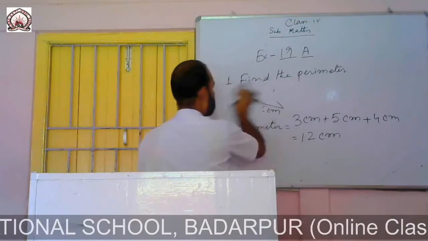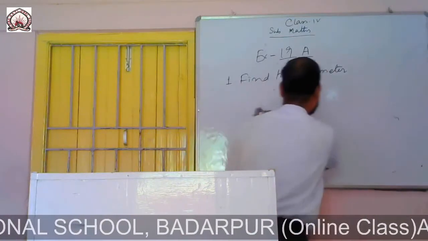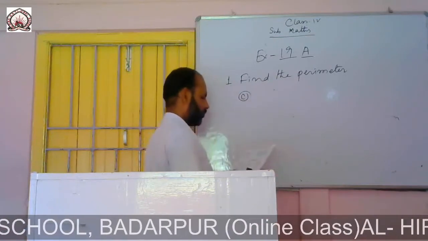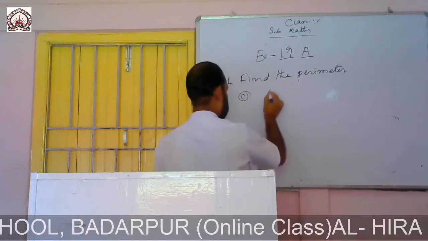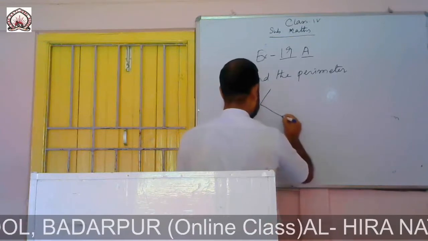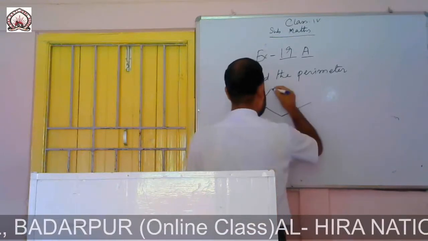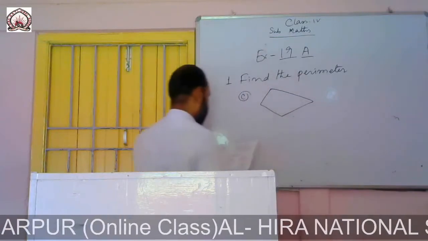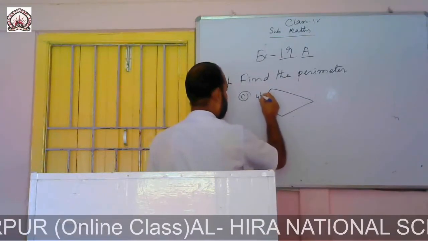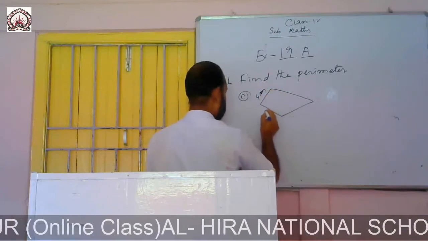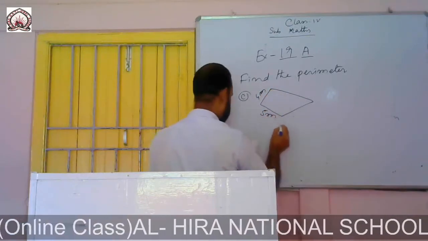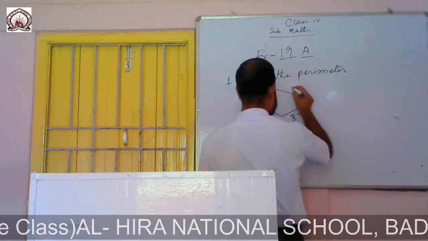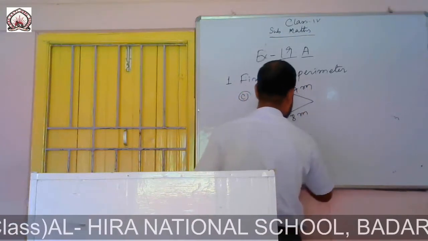Next, question number C. Perimeter of this figure. Here it is 4 meter, 5 meter, 8 meter and 7 meter.